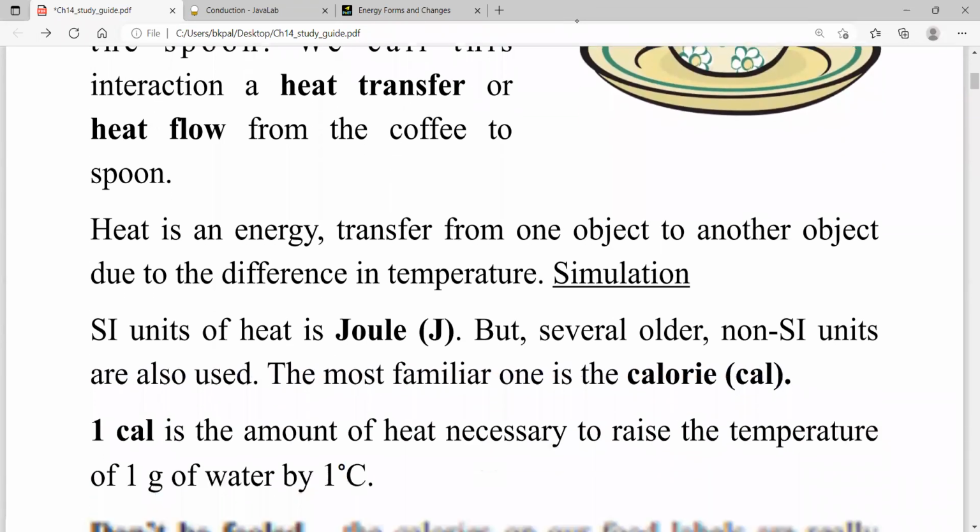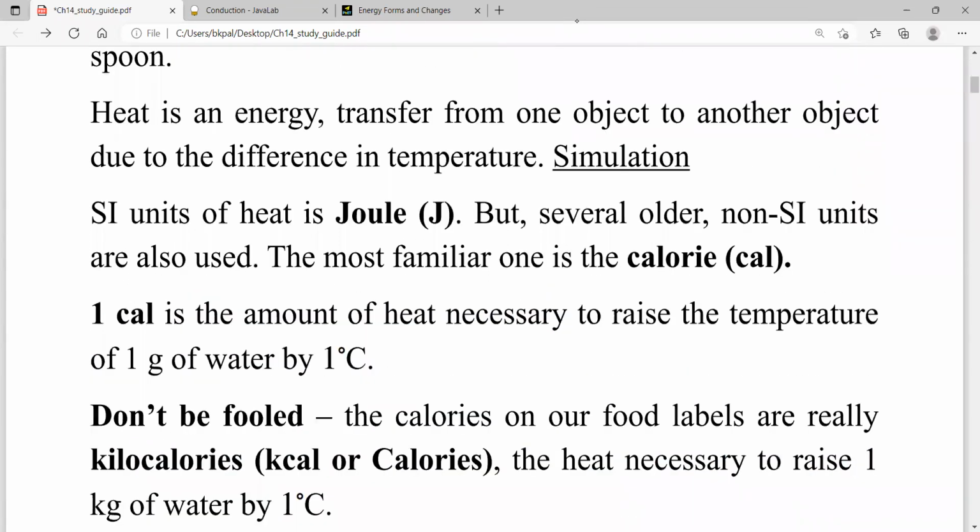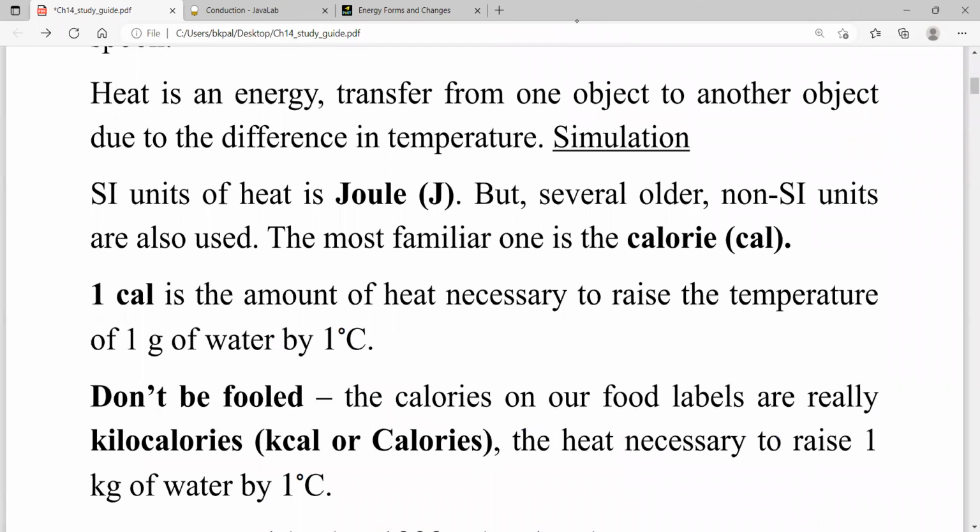Because heat is an energy, its standard international unit is the joule, right? You already learned it in physics 1. But there are several other older non-standard units that are also used. One of them is the calorie, and we use a small cal to represent calorie.